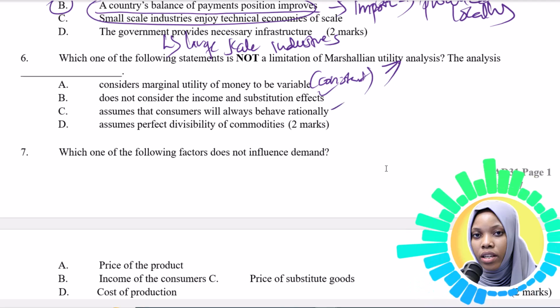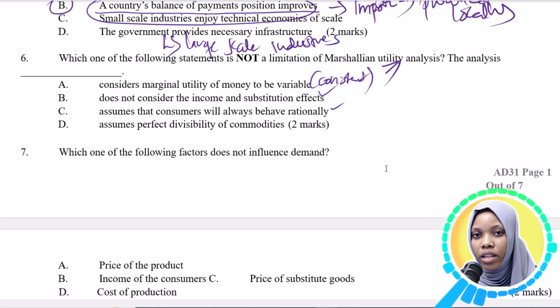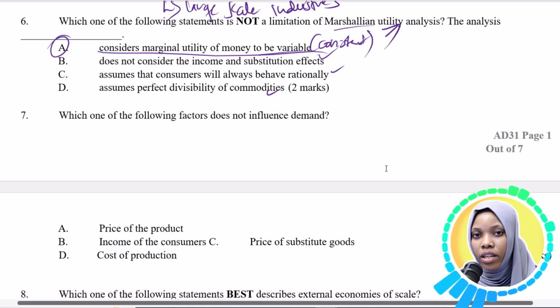It assumes that consumers will always behave rationally, and it also assumes perfect divisibility of commodity. So our best choice is choice A. It considers money to be constant, but here it says variable, so that's not a limitation of Marshallian utility analysis.